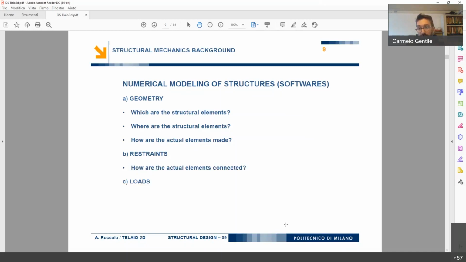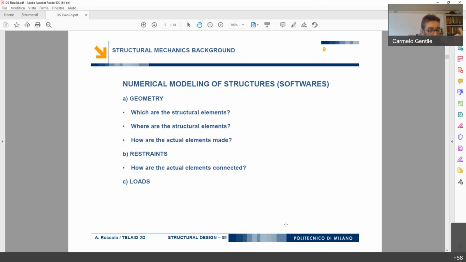Then we have restraints, because elements do not just fly around, but they are connected to each other. Okay, we know that beams are connected to walls and to columns. Columns are connected to each other and to other beams. All the elements are then connected to the ground somehow with the foundations, and we have to know what kind of restraints we have.